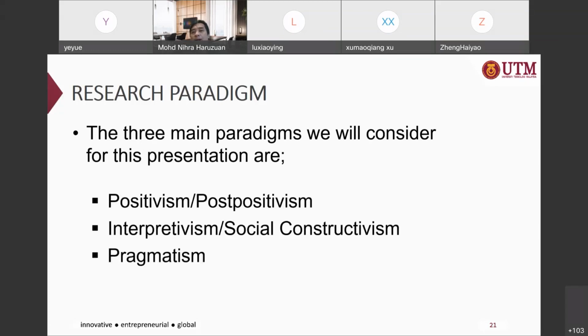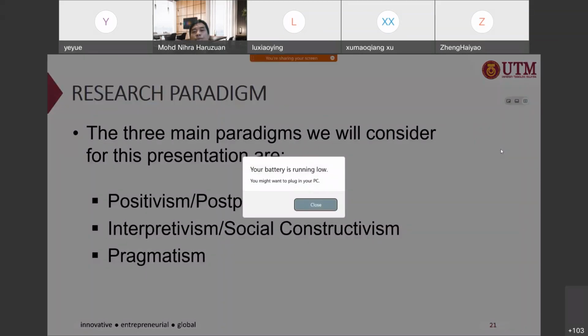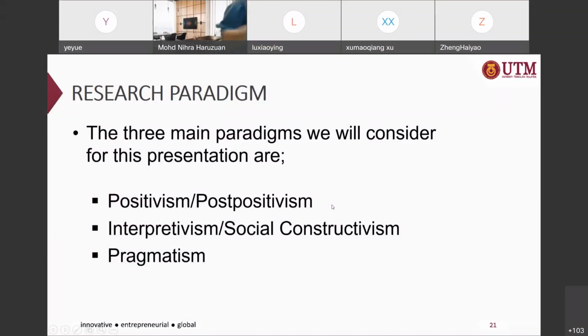Okay, what are these? I think some of you might find these words peculiar because you have never heard of them. But you might have heard the words, for example, quantitative, qualitative, and mixed methods.